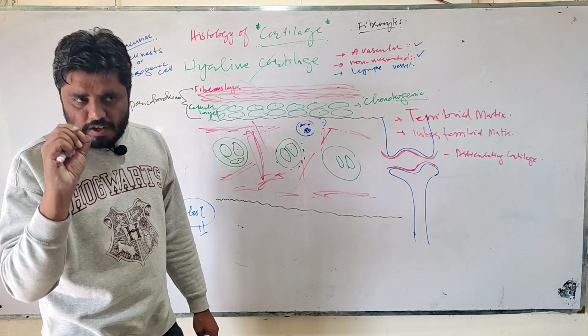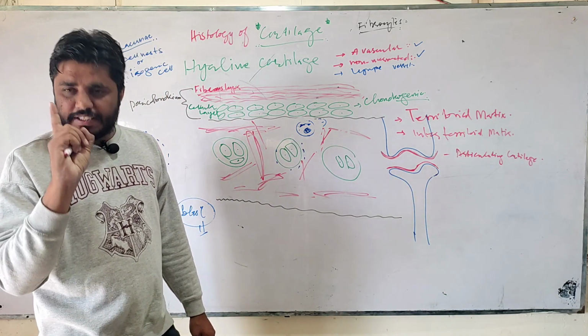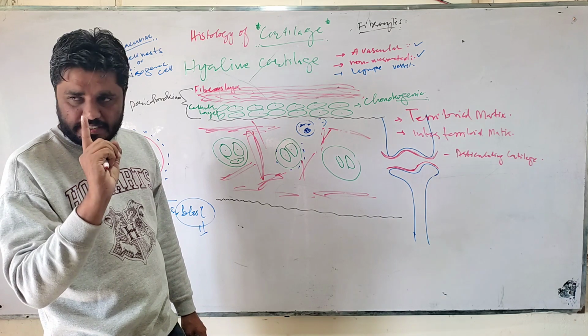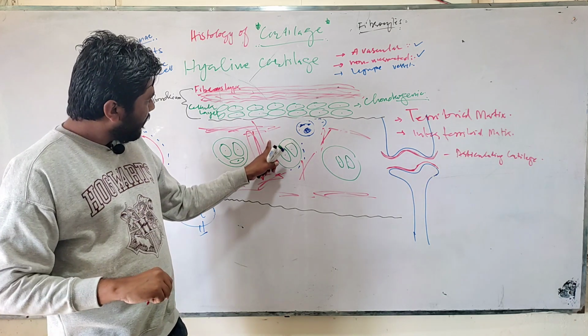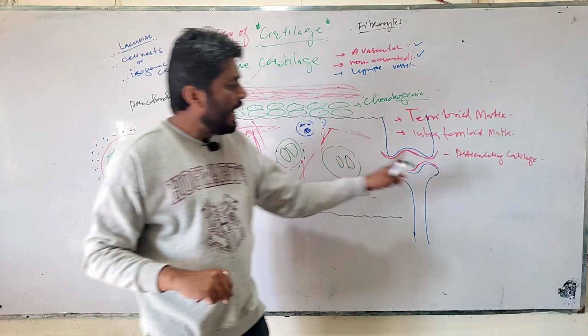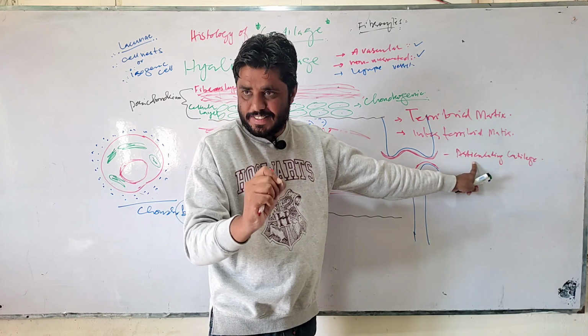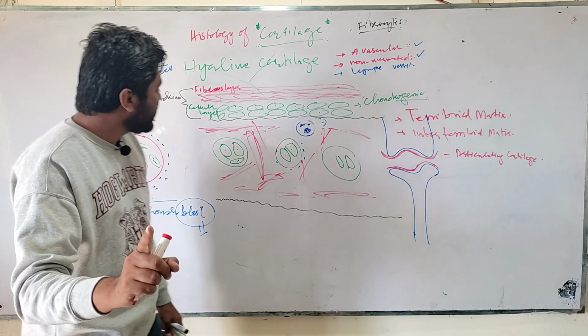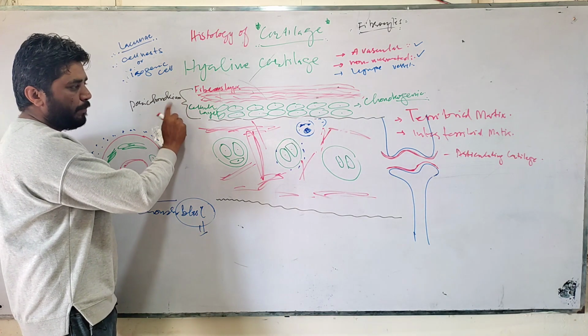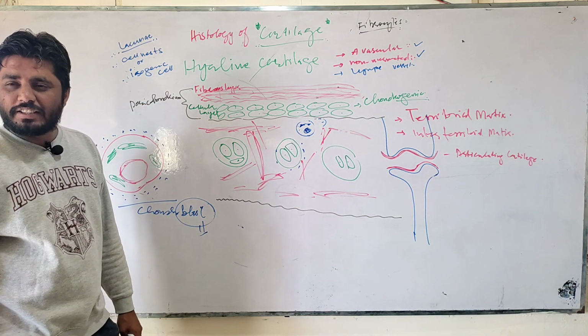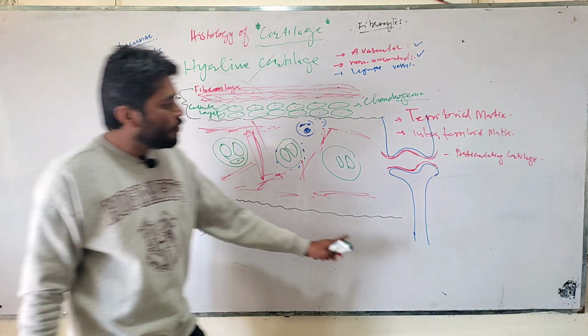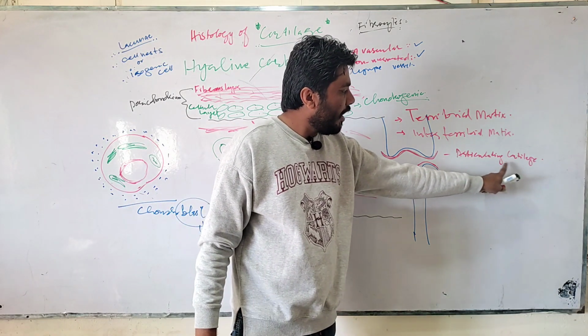And another important thing: what differentiates hyaline cartilage and articulating cartilage? That one thing is perichondrium. There is no perichondrium in articulating cartilage.